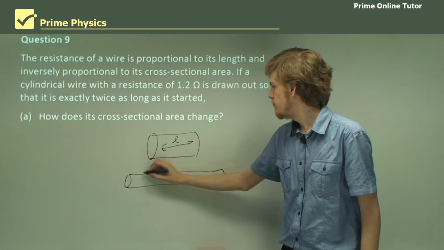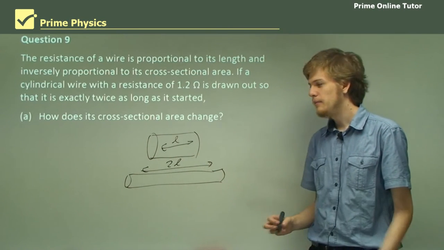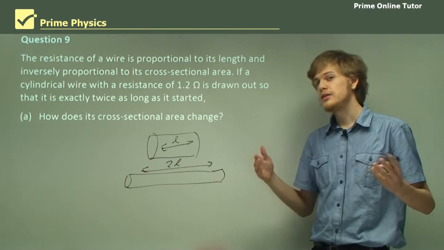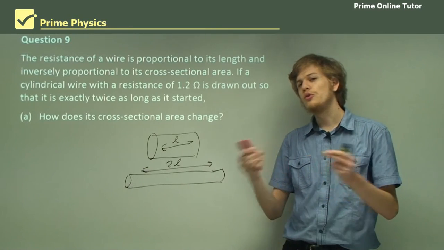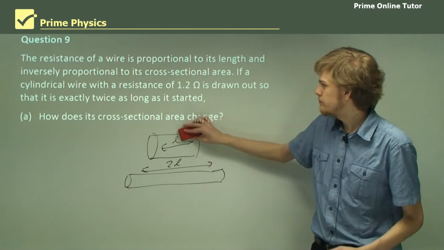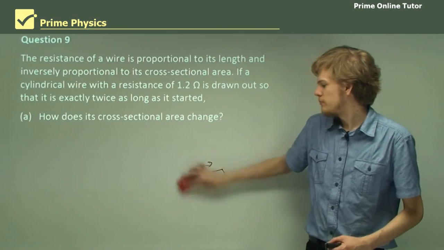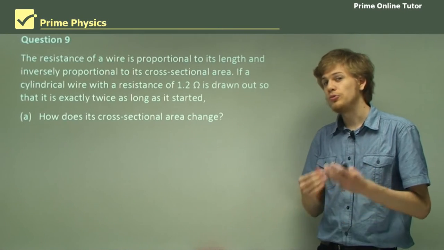So if this is L, then this length is 2L, right? So the cylinder becomes twice as long, but its volume stays the same because we're drawing out the wire. Now, how will its cross-sectional area, that is, the area of the circular face, change after we draw it out?